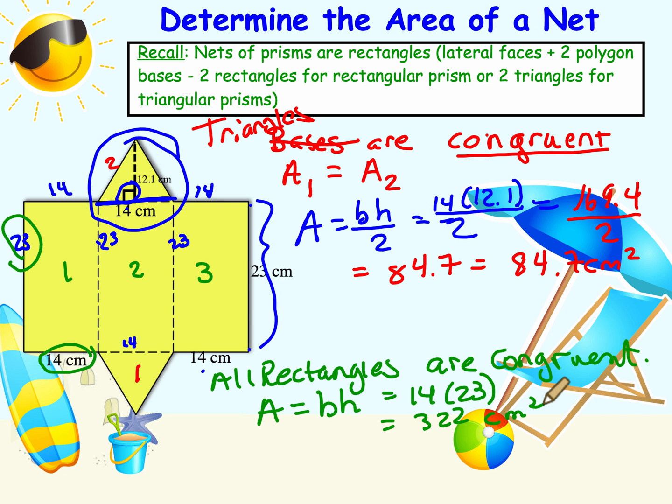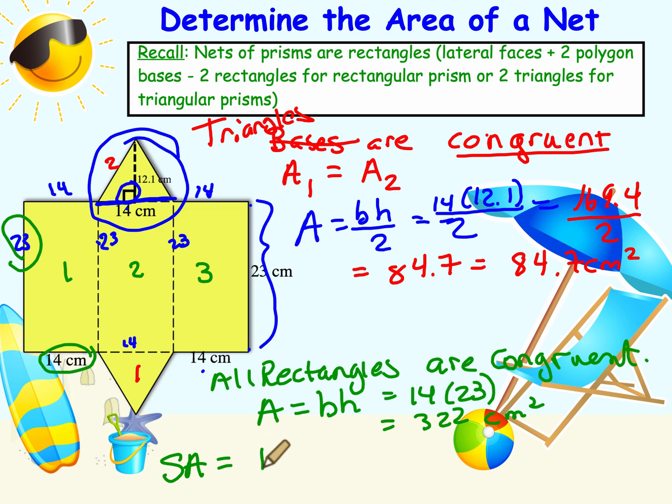the area of this whole entire thing isn't just one triangle and one rectangle, it's all of them. How much do I have? Well, I have 2 triangles and I have 3 rectangles, so I have to add all of those together. So my surface area is the sum of all of those together.